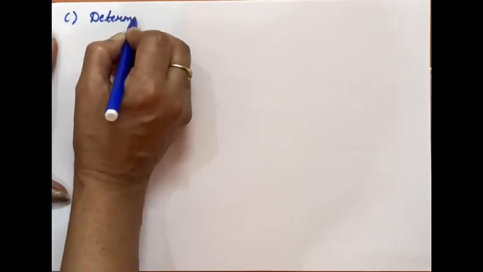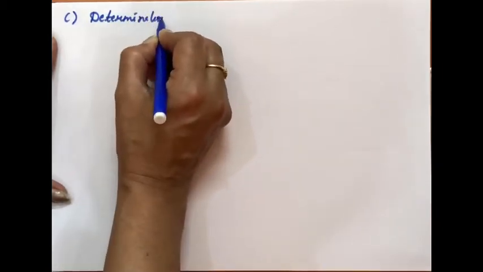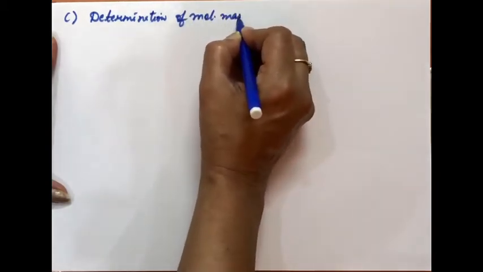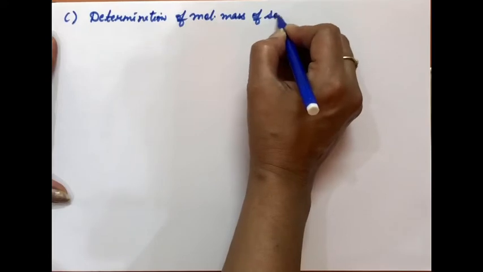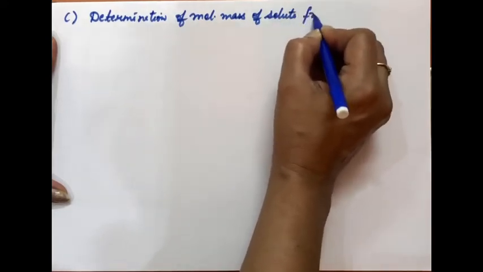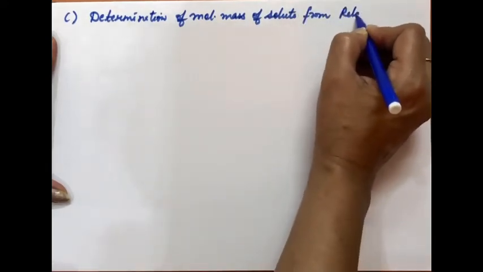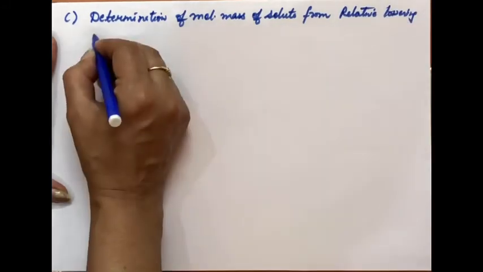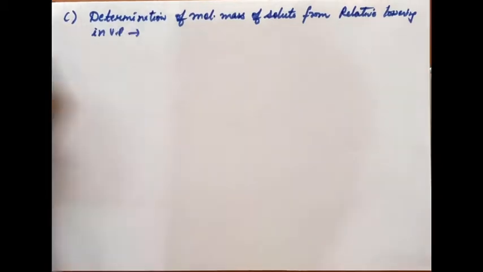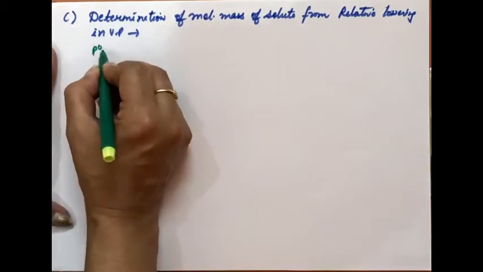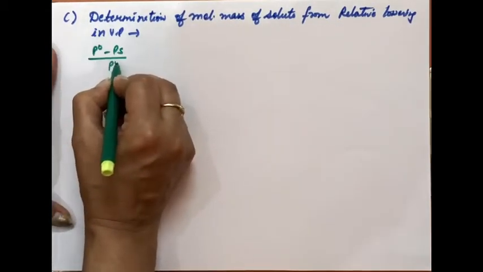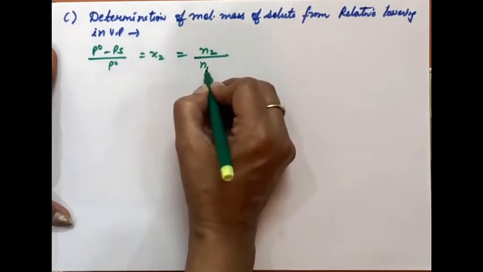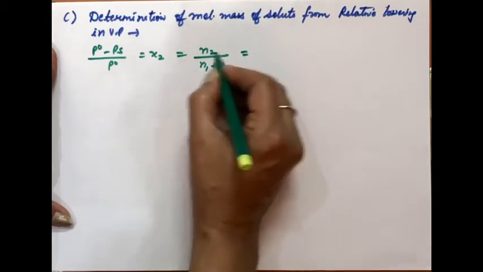So determination of molecular mass of solute with the help of a colligative property, that is relative lowering in vapor pressure. Now the formula we know is (P0 minus Ps) upon P0, which is equal to X2. X2 further we can write equal to N2 upon N1 plus N2. What is N2?